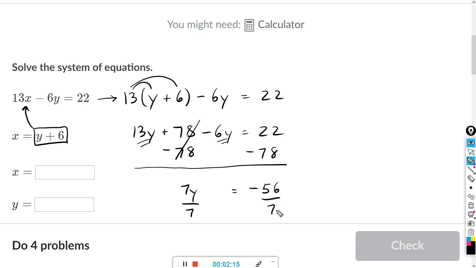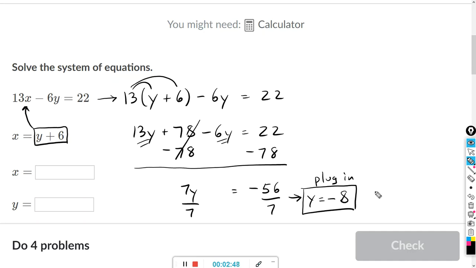Solving for y, we divide both sides by 7, and we get y equals negative 8. So that's going to go in the box right here. In order to solve for x, we want to take y equals negative 8 and plug it in. You can plug it into either equation, but right here we have x equals, so it's easier to plug it in here.